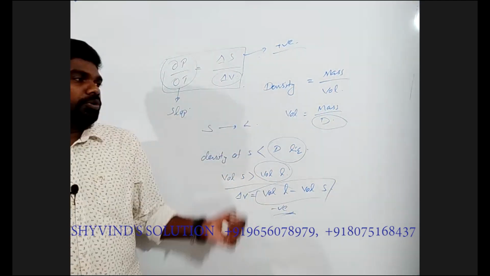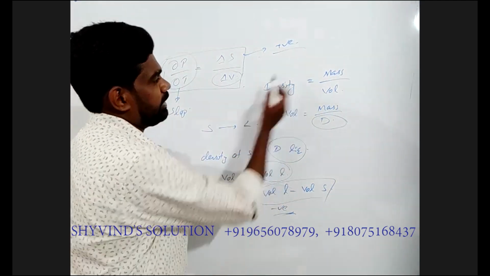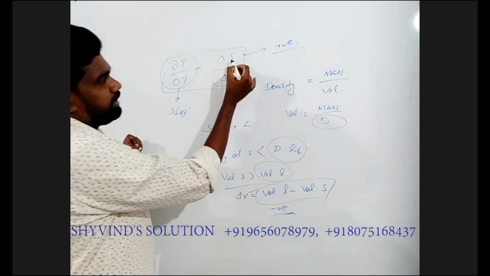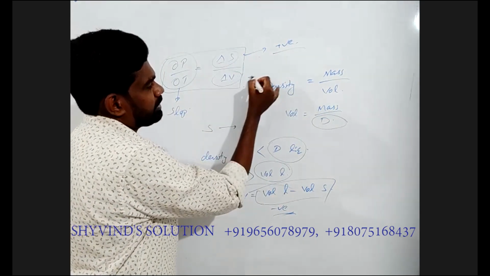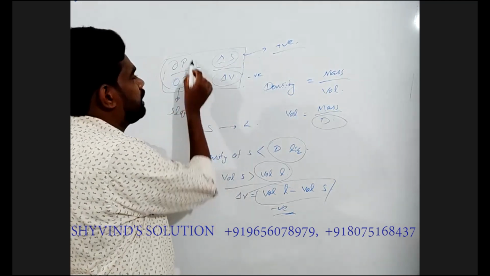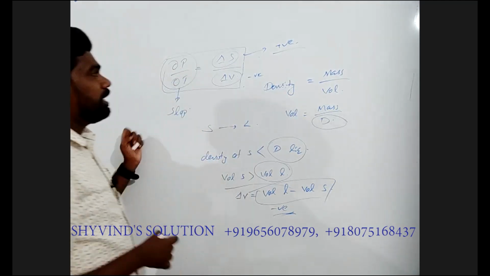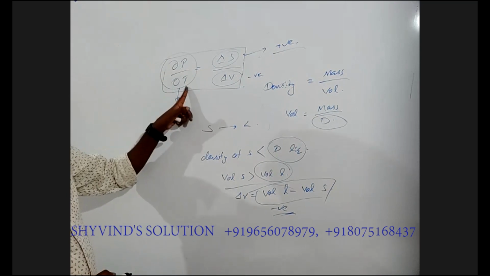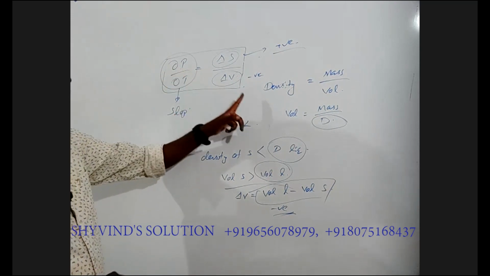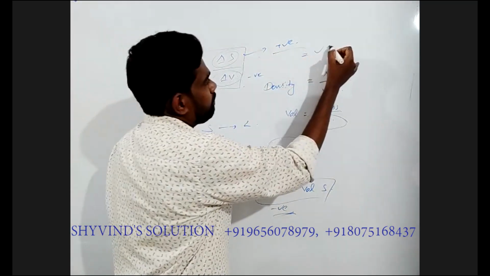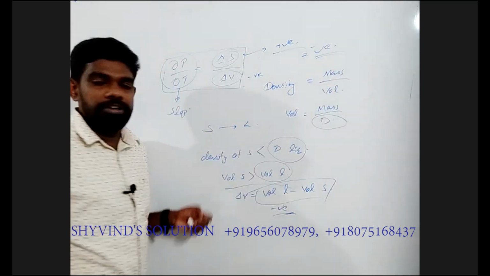So ΔS is positive, ΔV is negative. What about ∂P/∂T? It will be negative. That is the information we'll get.